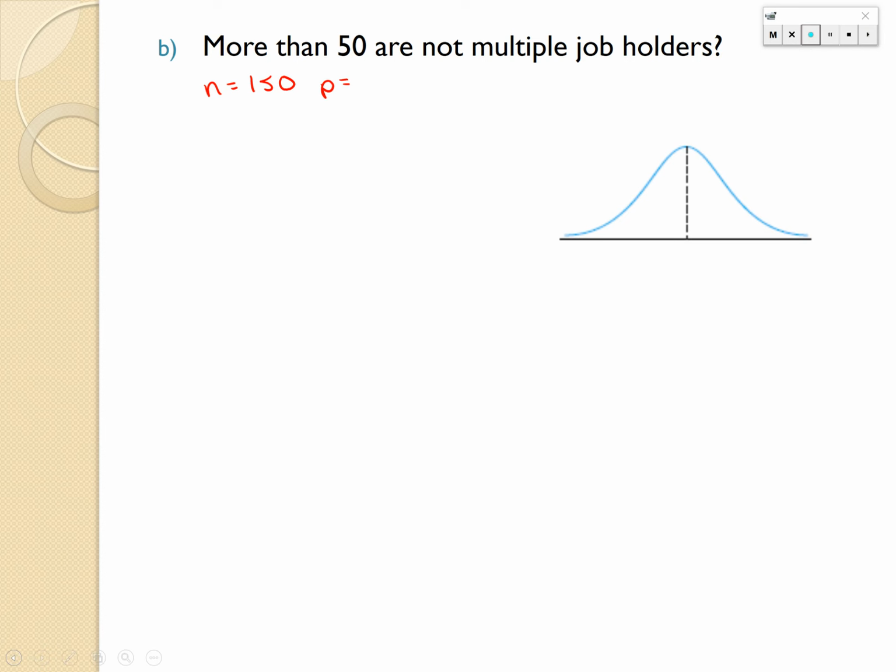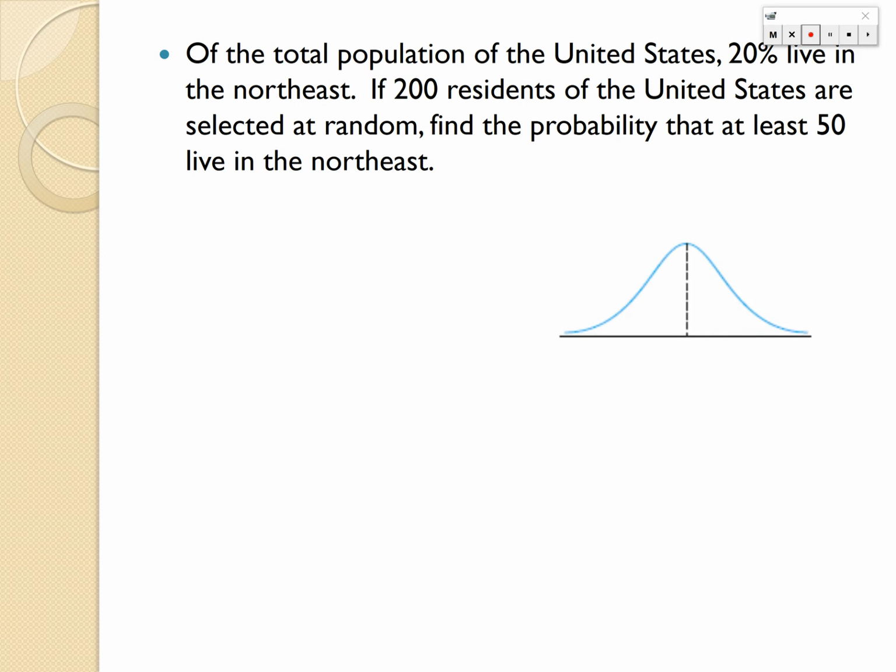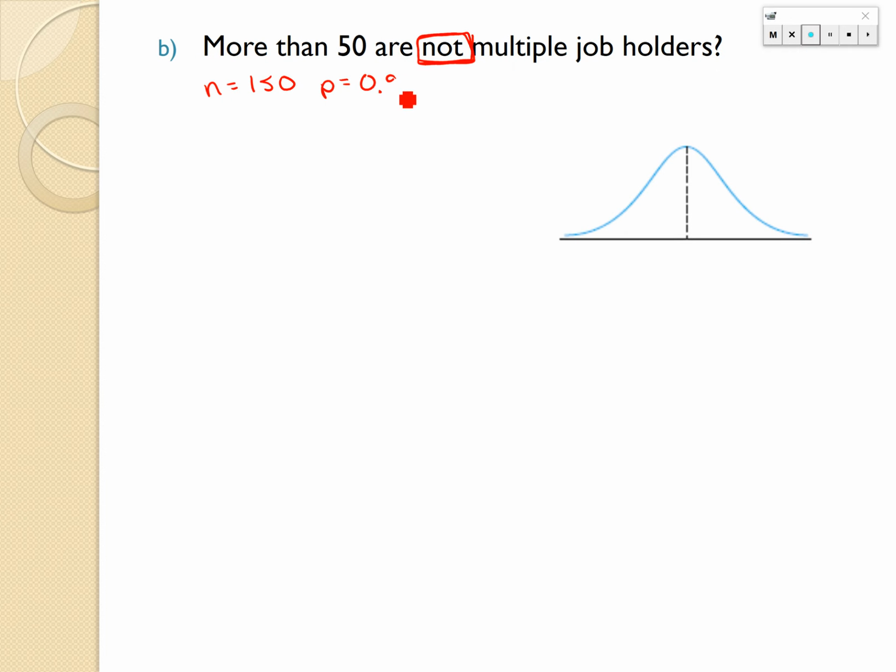Because now what I'm looking for is that they are not multiple job holders. So a success for this situation is that they are not a multiple job holder. So the probability of success for that is going to be the 94.7%. You have to look at what characteristic you want your data values to have, and then you have to go with the percent that matches up.